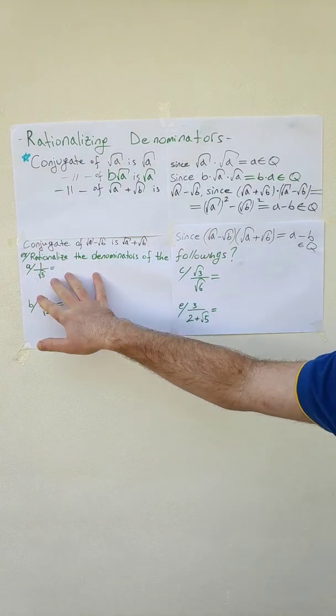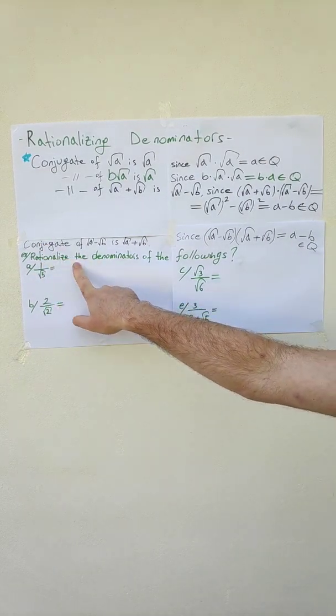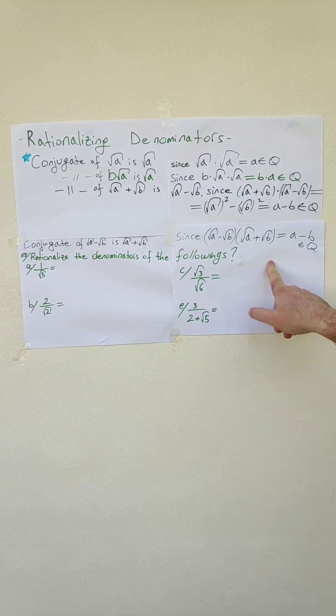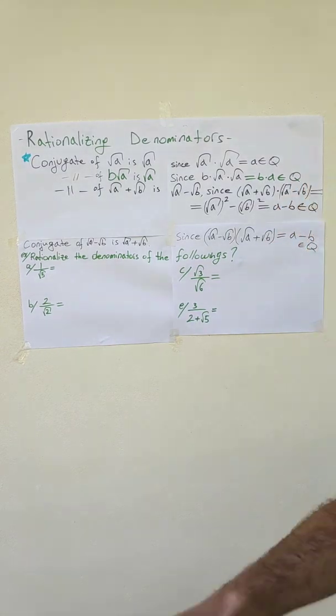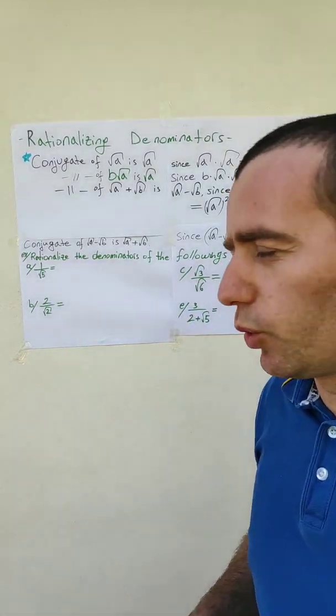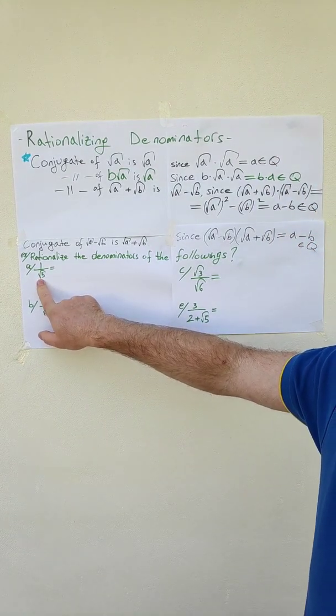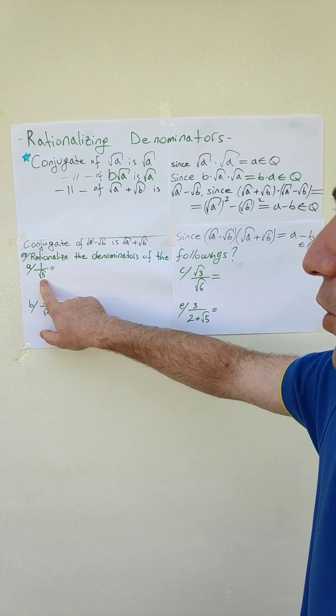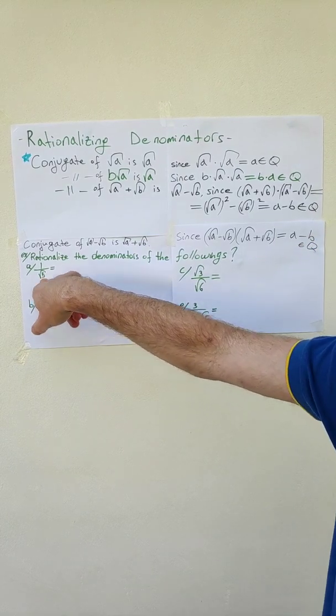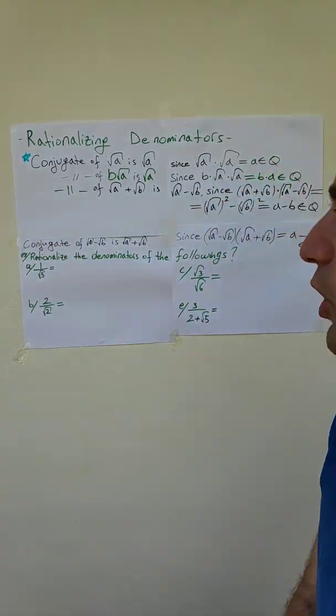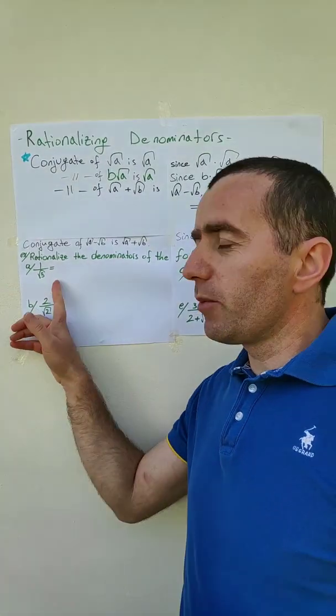Let's take other examples. Rationalize the denominators of the following. So, 1 over square root of 5. Its denominator is square root of 5. Which number do we multiply by square root of 5 to rationalize it?